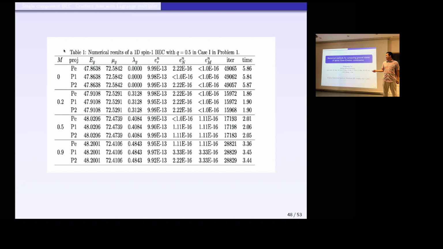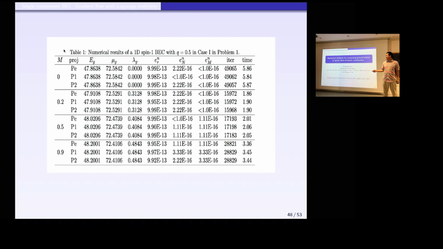And this is a comparison between the exact projection, the first inexact projection, and the second inexact projection. We will see that in all examples, they all produce the same results and probably the same time cost.